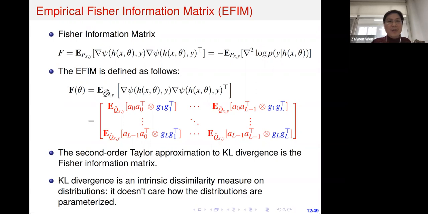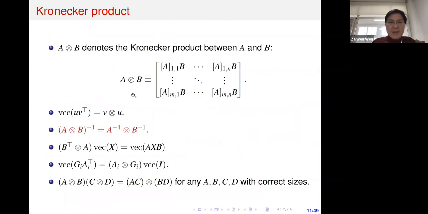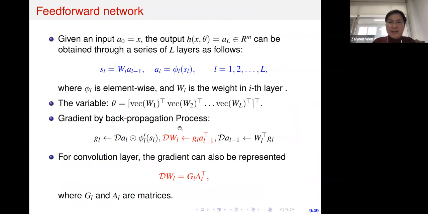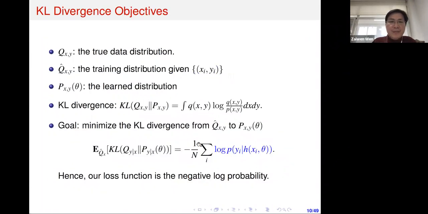In practice, we only have subsample data, so we only have the empirical Hessian matrix. Remember, our gradient can be written this way. It is a vectorization because theta is a vectorization of W. So for this one, we have vectorization of this matrix into a vector.